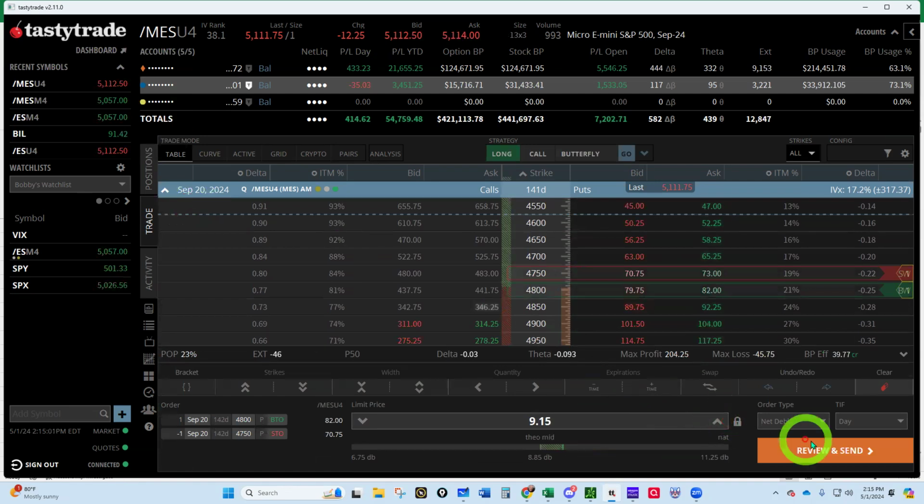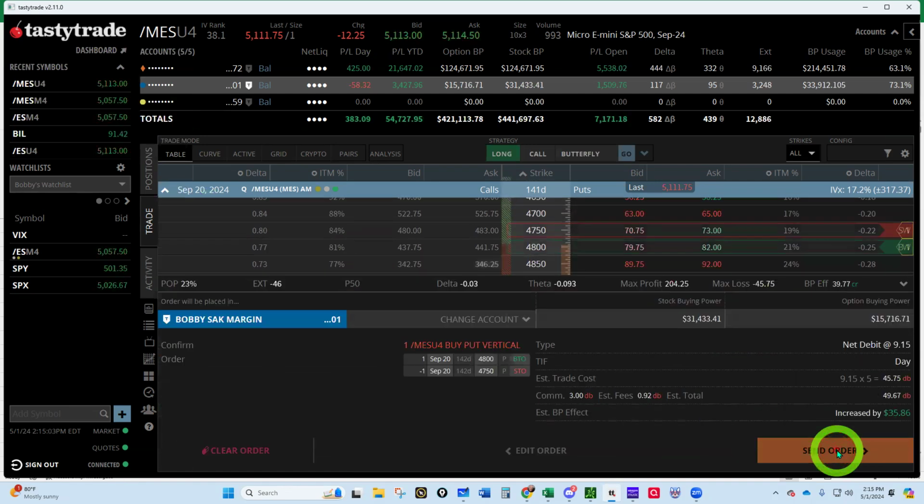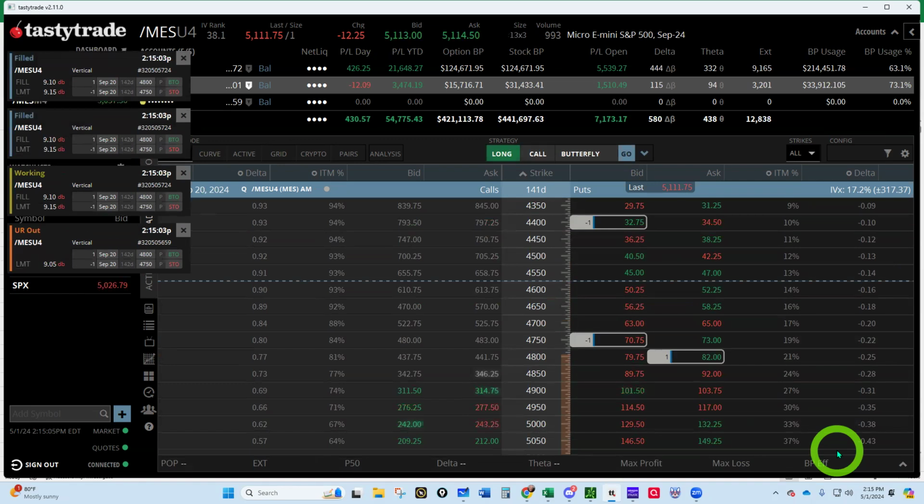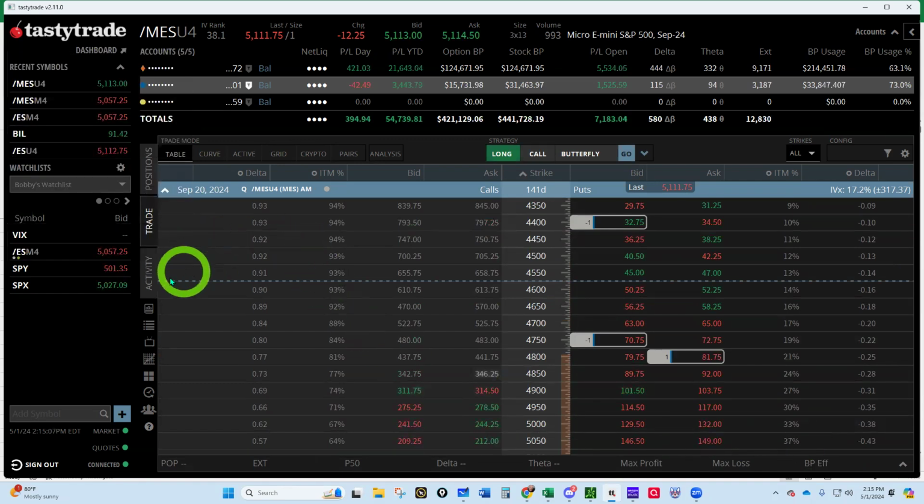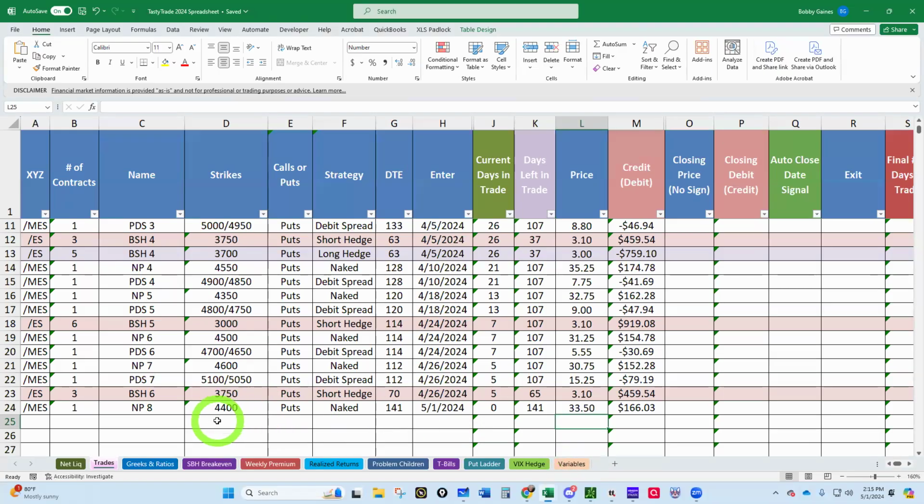I guess we're out so far in time. I'm going to go up to 9.15. See if we can get this thing fixed. There we go. So we got filled at 9.10, I think. So the 4,800, 47.50 put debit spread on MES. We did one of these, and we're going to call it PDS 8, my bad.